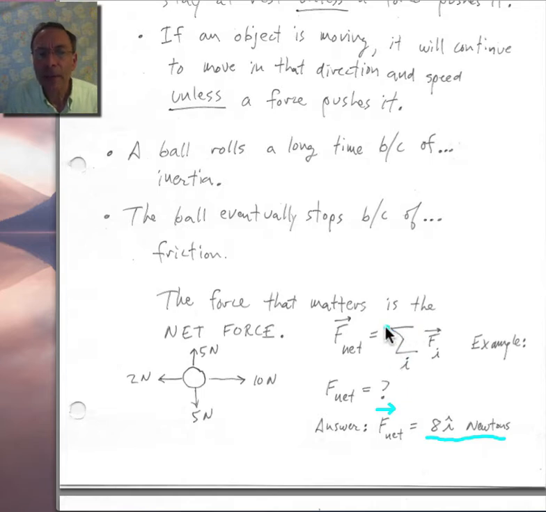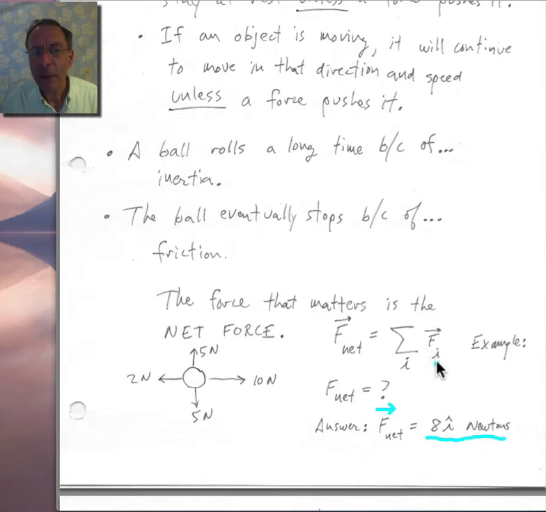The Greek letter sigma stands for summation. When you see a summation symbol, the little i here means index. What this is saying is that we have many individual forces.